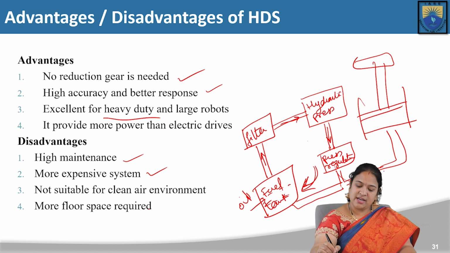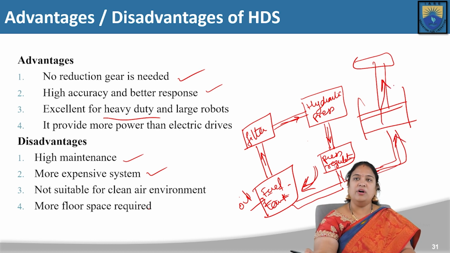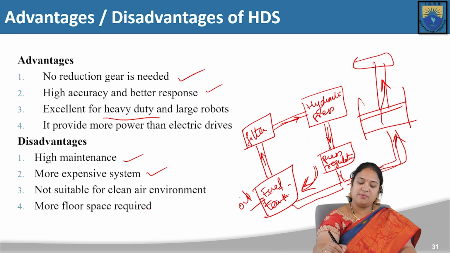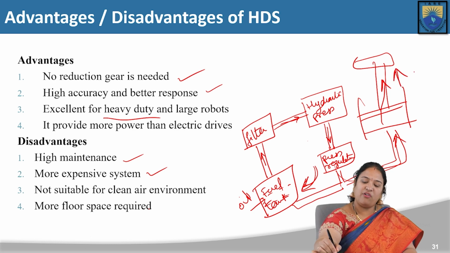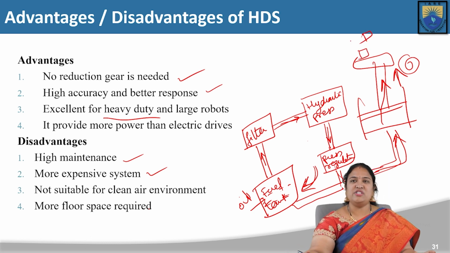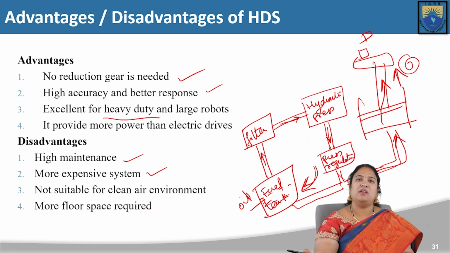As the pressurized oil is sent in, the piston moves in the forward or rotary direction, and moves the object from one place to another, or lifts the object and places it depending upon the requirement. So this is how the process is done in the hydraulic driven system.